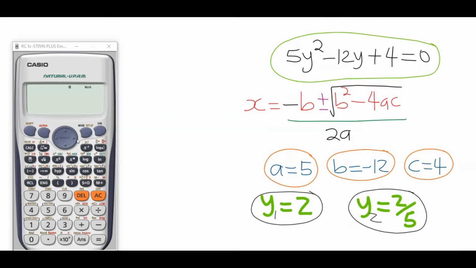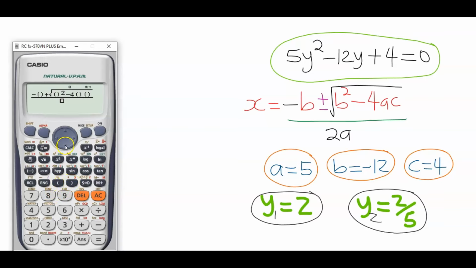To use the formula method of quadratic, we have a fraction. At the numerator, we're going to have minus b, then plus and minus. Let's start with plus, then square root. Inside the square root, we're going to have b squared, then minus 4 multiplied by a multiplied by c.